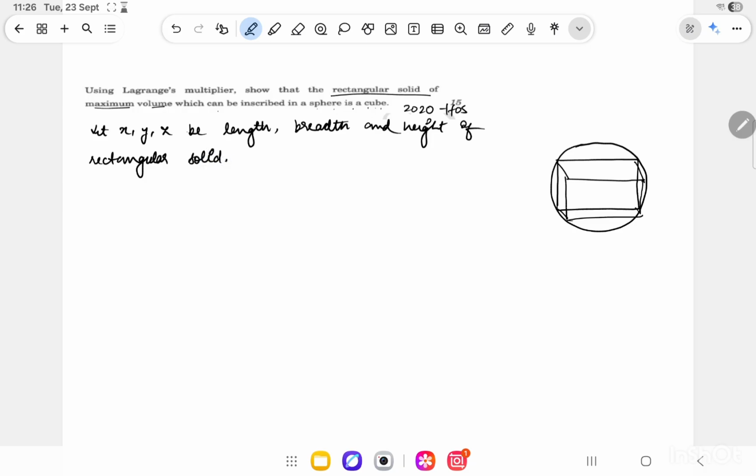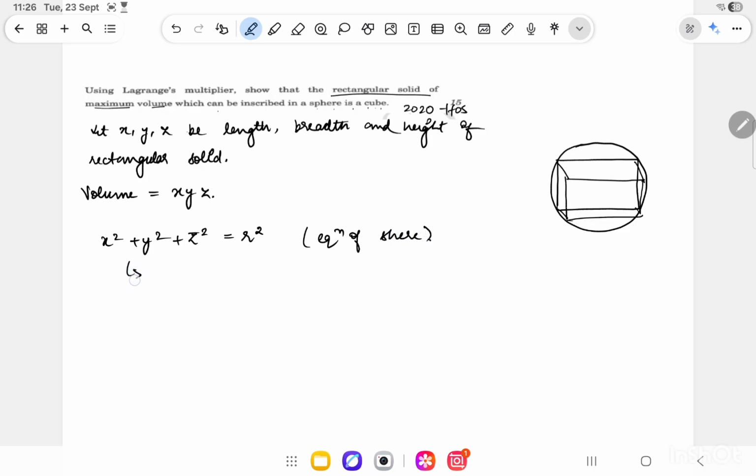And we are supposed to maximize its volume. The volume of this rectangular solid will be x y z. So we are supposed to maximize this volume, and we are given a sphere. Let us assume that x square plus y square plus z square equals r square is the equation of the sphere.